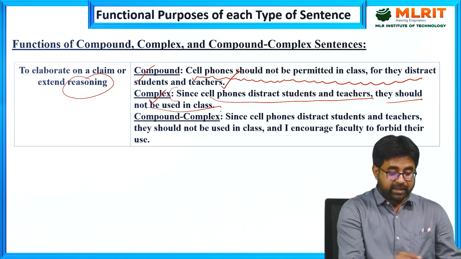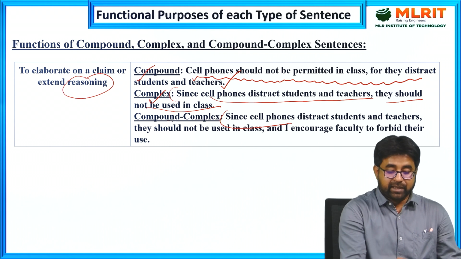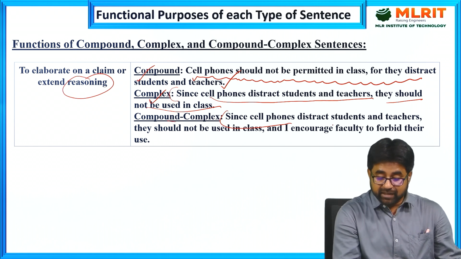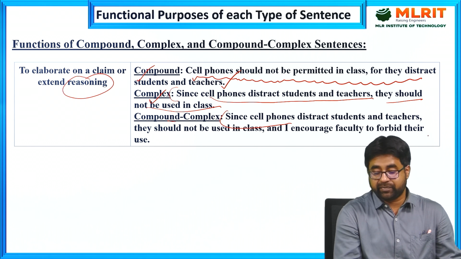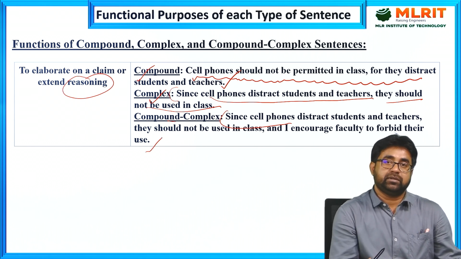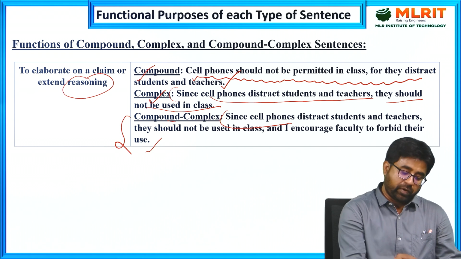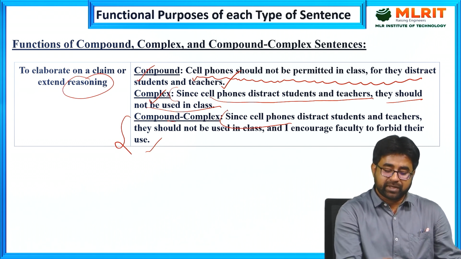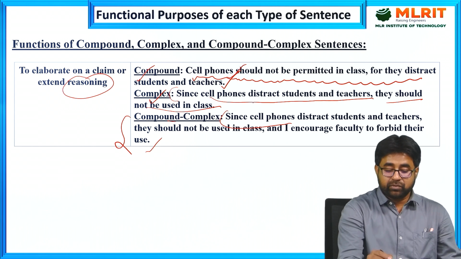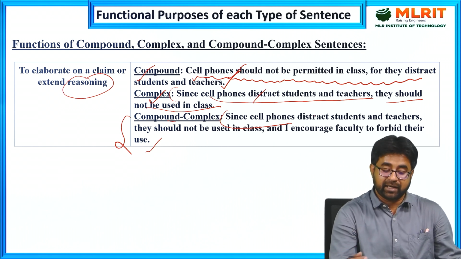Similarly, I can extend the reasoning by using a compound complex sentence also. Since cell phones distract students and teachers, they should not be used in class, and I encourage faculty to forbid their use. See, this is what I was talking about, right? I did inform you guys that we normally do not use compound complex sentences. Why? Because these 2 sentences are conveying the idea in a much more precise and compact way.